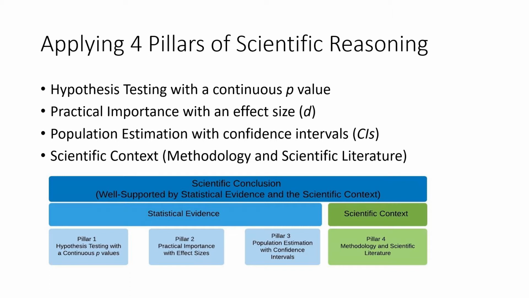We think about these things as 4 distinct pillars: hypothesis testing with a continuous p-value, talking about the practical importance with effect sizes, estimating the population parameters with confidence intervals, and then interpreting all of that statistical evidence based on the strengths and weaknesses of the methodology and comparing the results that they provide to the results that are reported by other scientists in the scientific literature. By doing all of that, you're going to be able to develop a well-supported scientific conclusion.